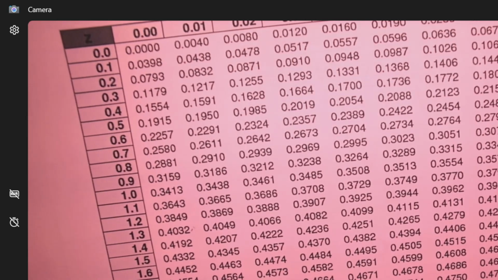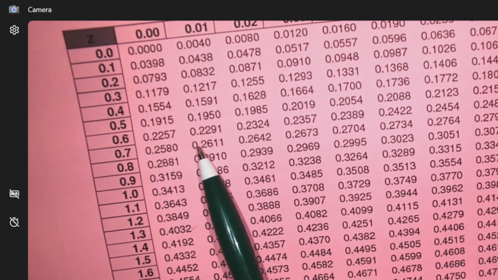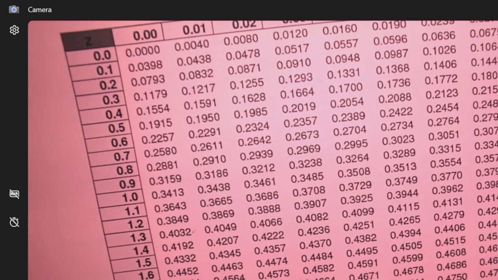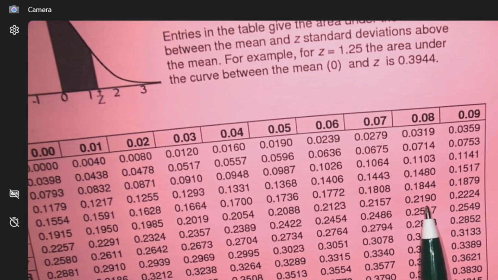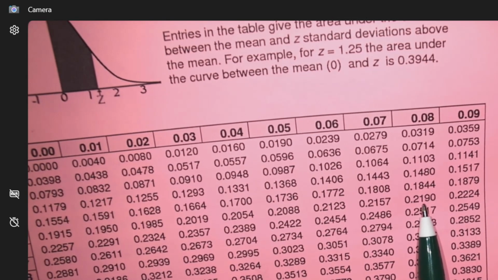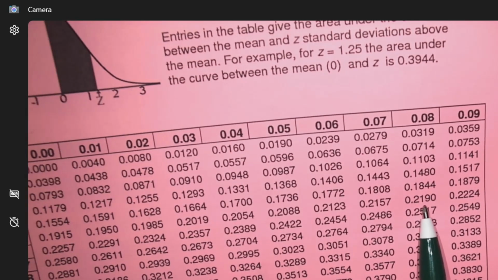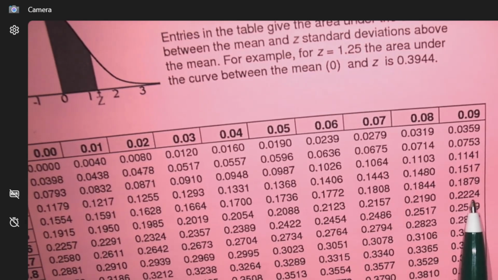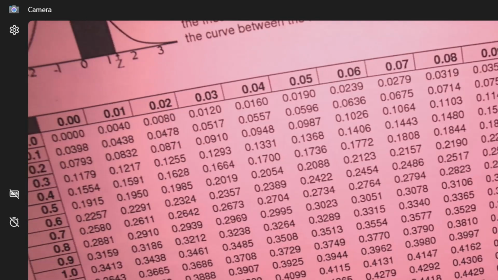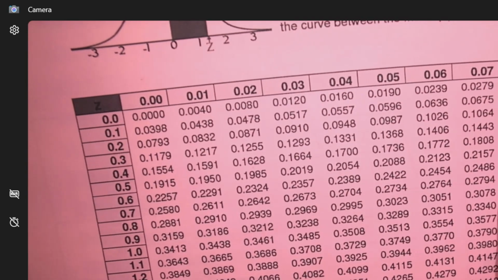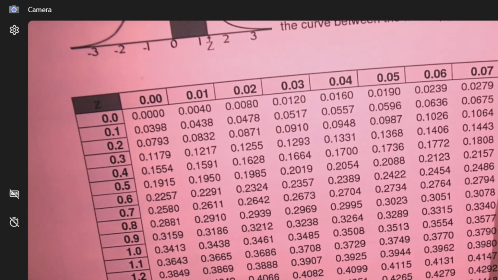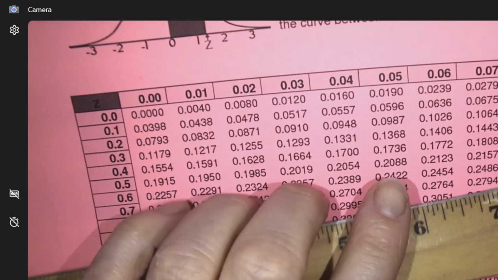So where can I find a 0.22 or the closest? Would this one be the closest, 0.2190? This is pretty close. That's closer than that. So this one right here, 0.2190, is closest to 22.